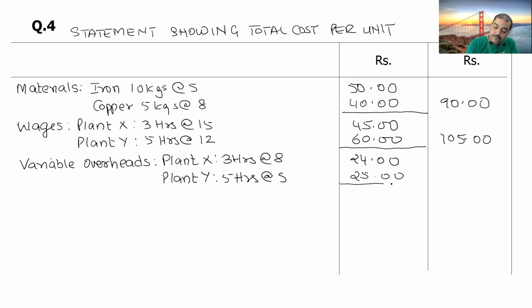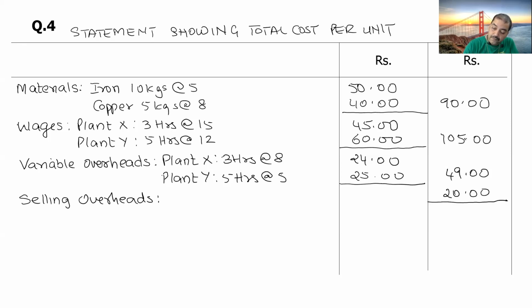Total 49. Selling overheads, fully variable, 20 rupees per unit. Total variable cost, 264.